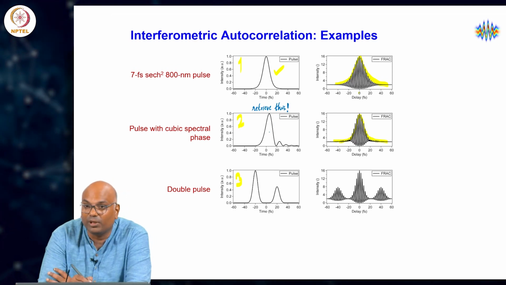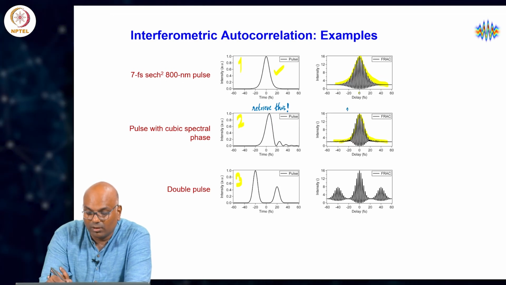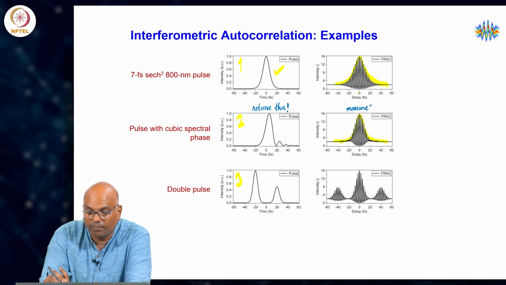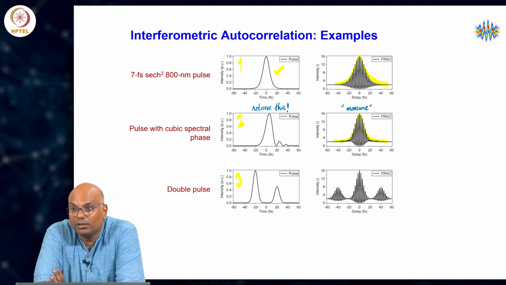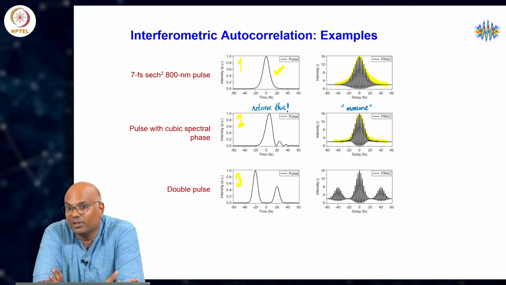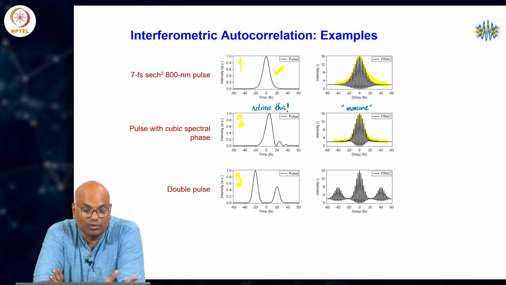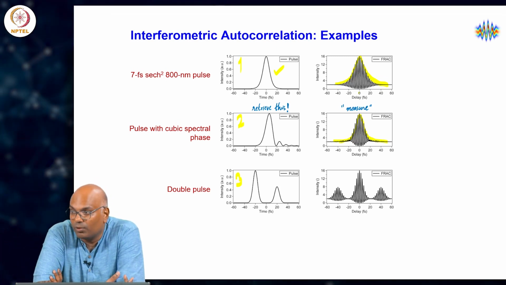This is what we are trying to retrieve or resolve. This is what we measure. So, how do I uniquely retrieve this? Right now, I am lost for it because of the technique I am trying to use, interferometric autocorrelation, or even this fringe resolved autocorrelation.